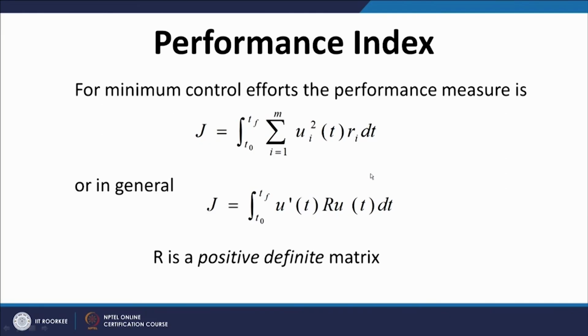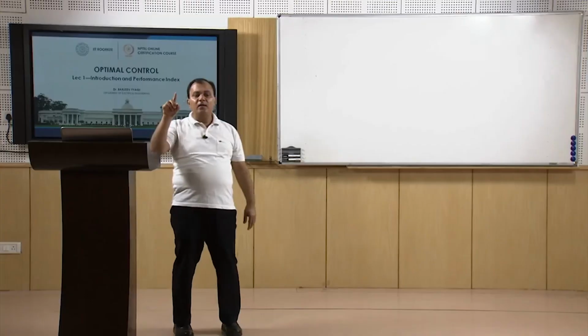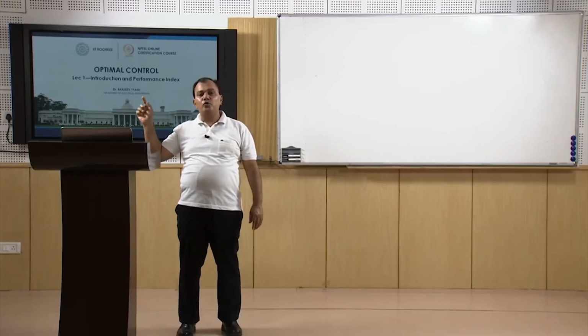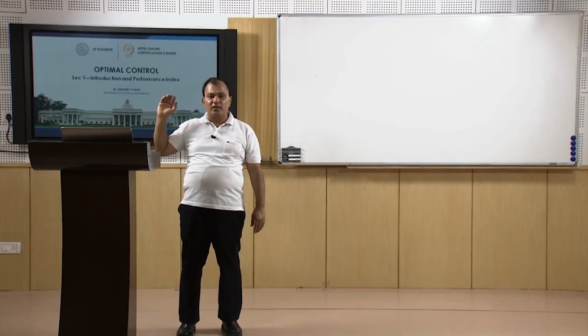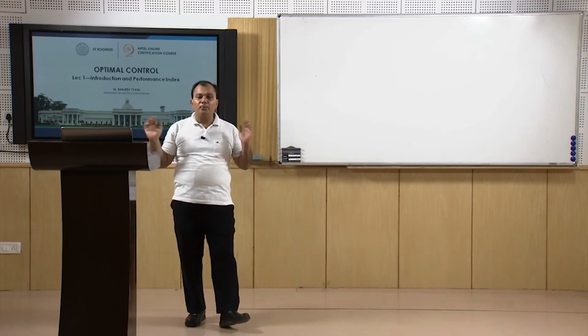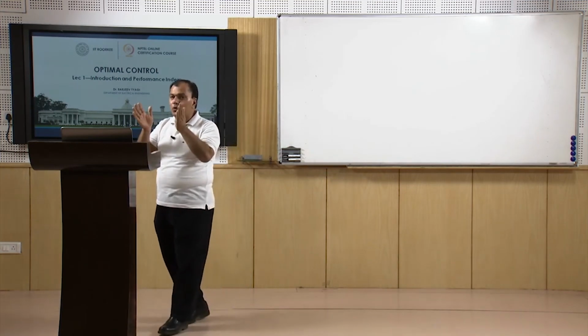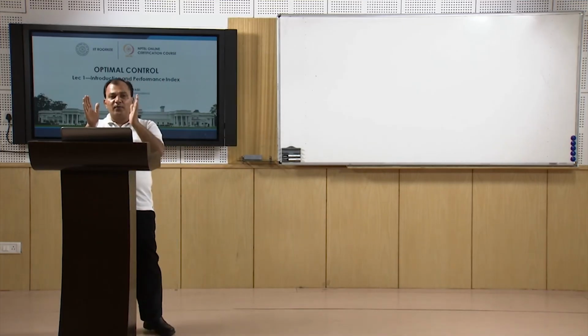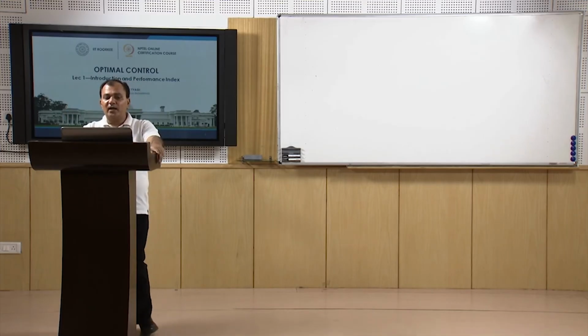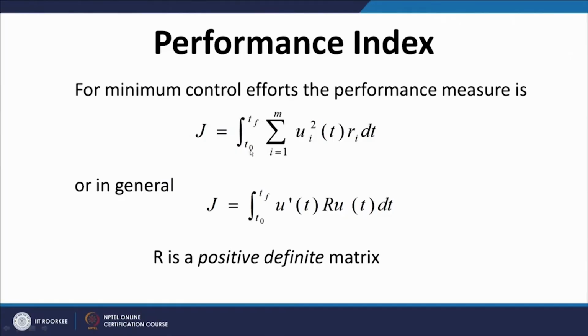Ultimately my performance criteria will be u1 square R1 plus u2 square R2 plus u3 square R3, up to the number of inputs I have. For each input, I want to minimize the control efforts by the different inputs. So, I can write J from t0 to tf, meaning in a time period of tf minus t0. My objective is to minimize the control effort.